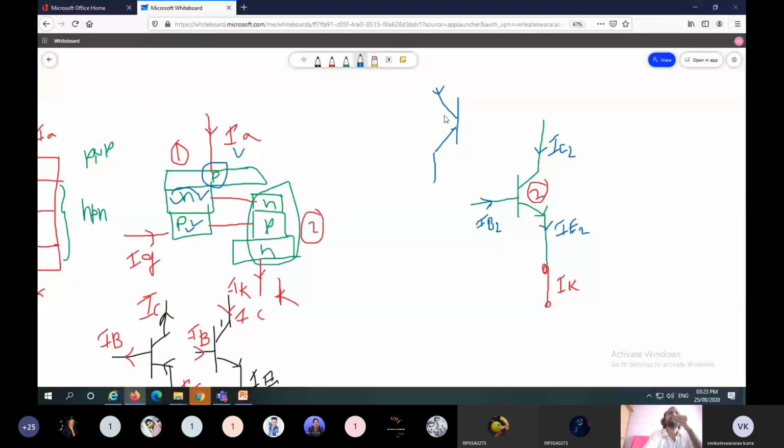So this one is PNP transistor. Here base is connected to this IC2. This current is IB1. This is the base of PNP transistor.